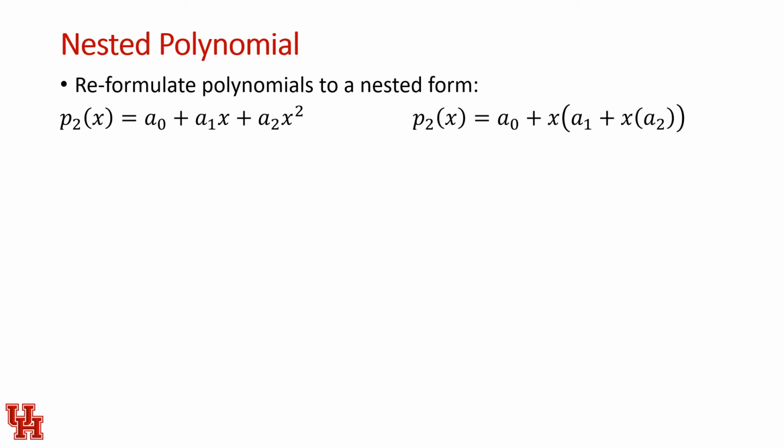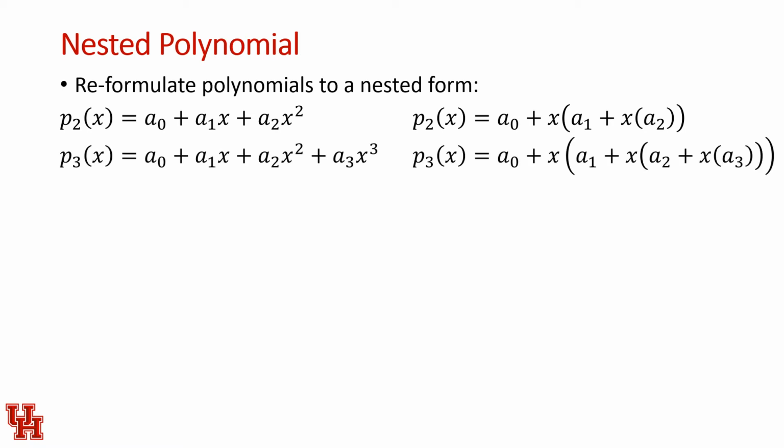Consecutive multiplications of the variable x are therefore applied to all previous coefficients, eliminating the need to evaluate the monomials independently. Note how this evaluation would work for a third-order polynomial. The innermost term will be multiplied by x 3 times, resulting in x cubed, without doing the excess multiplications in an independent loop.